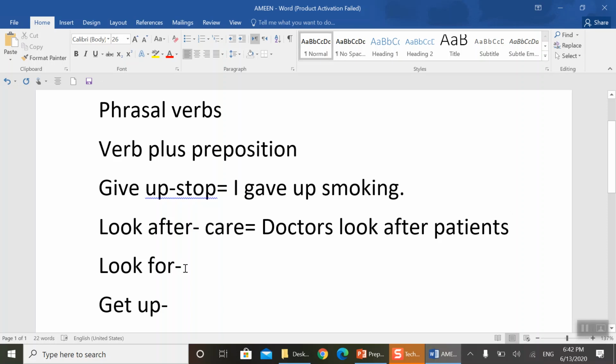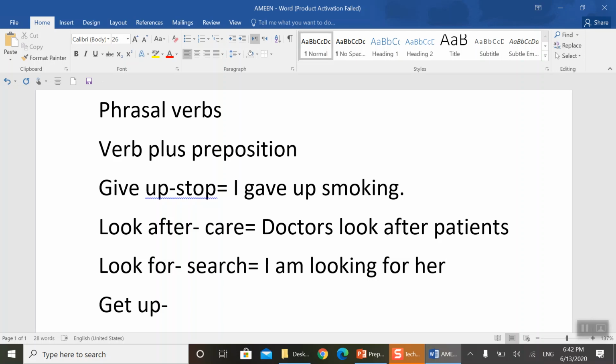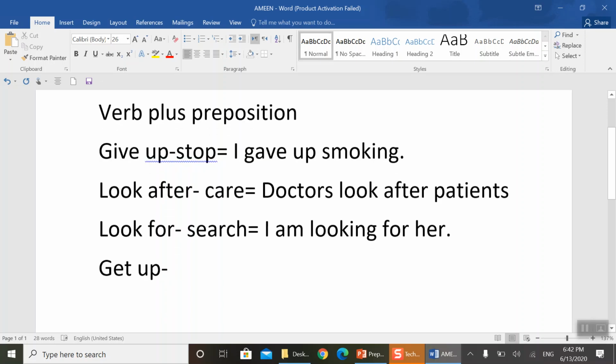look for مو ينظر إلى. Look for, it means what? It means search. Okay, for example, I am looking for her. I'm searching, it means. Get up. Get واحد يصل.